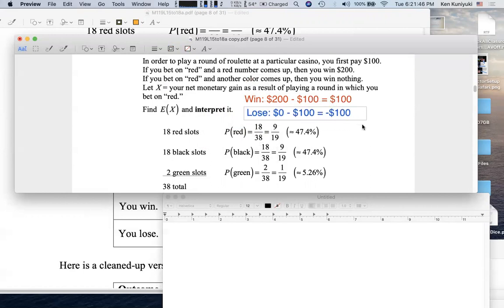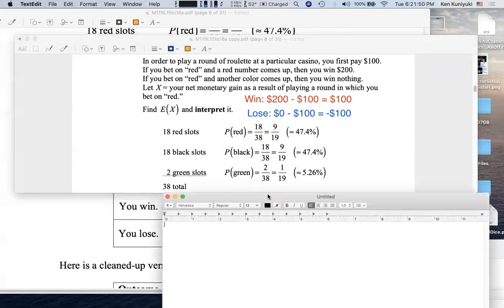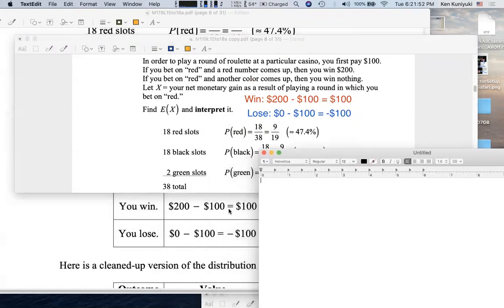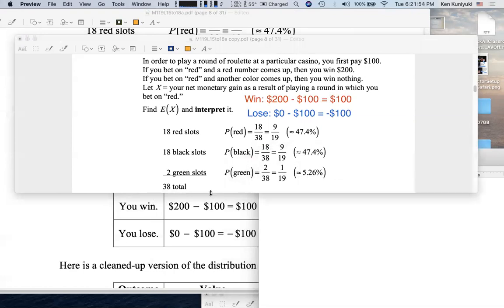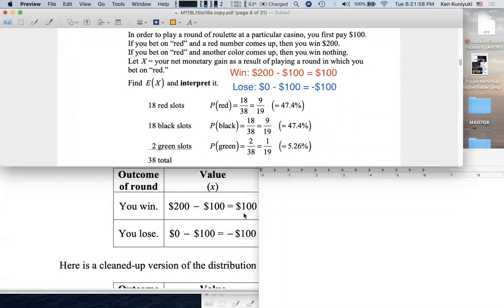If your net gain is negative, that means that you've suffered a loss. So that's the X column here. If you win, your net gain is $100. If you lose, your net loss is $100, meaning that your net gain is negative $100, the value for X.